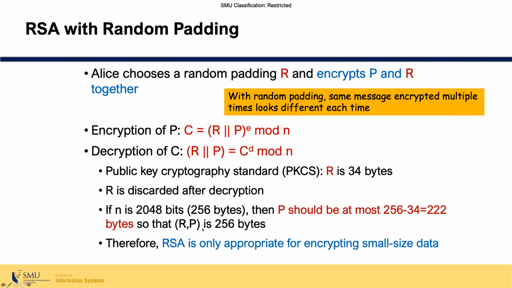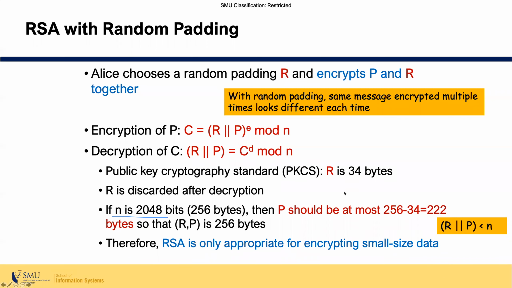Here, there is one very important property, or rather limitation, of RSA. The size of n is 2048 bits, which is equivalent to 256 bytes. Assume that it is using this 2048 bits. The limitation here is that the size of P can only be a maximum of 222 bytes, which is 256 minus 34, and 34 here is the size of the random padding that you use.